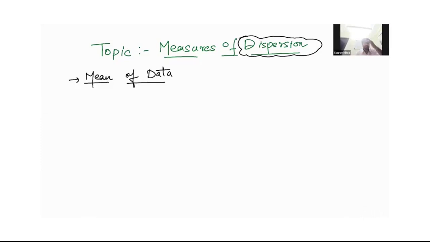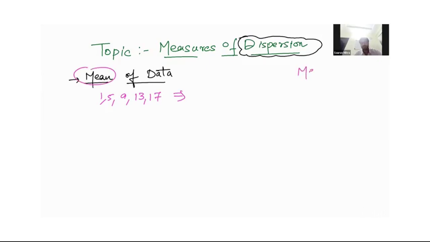So let us calculate the mean of a data. Suppose we are given the outcomes 1, 5, 9, 13, 17. We have to find the mean. Mean means average.